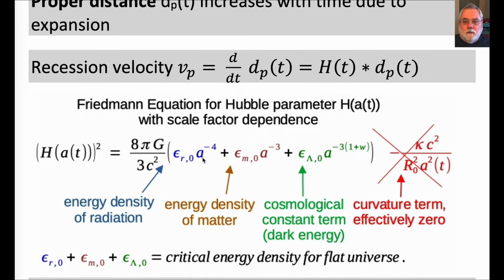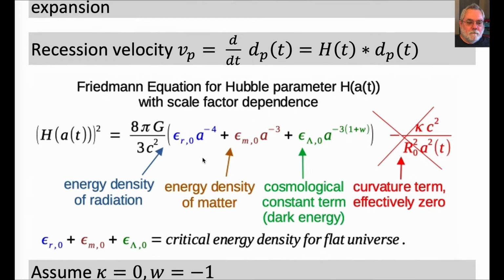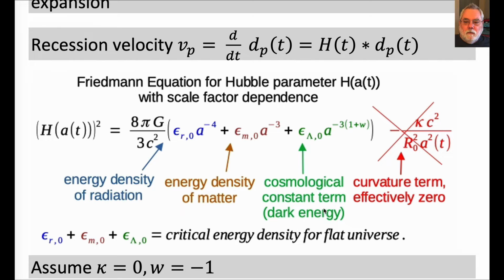In this supplement, we will only handle a universe that continues to expand forever, not contract. We will restrict kappa in the curvature term on the right to be 0, such that the curvature term is 0, a flat universe. The remaining three terms are non-negative, and the scale factor a of t will increase monotonically with time.